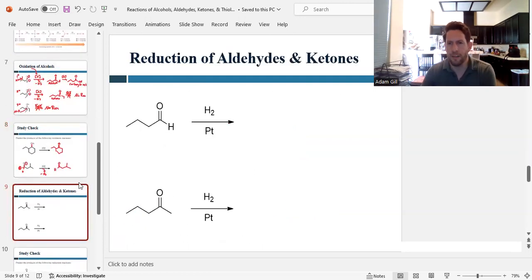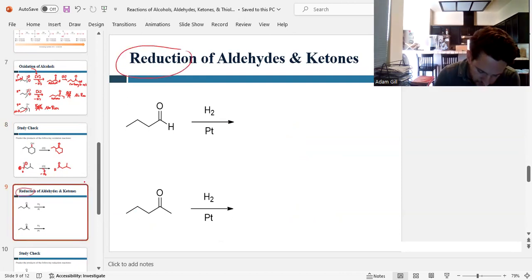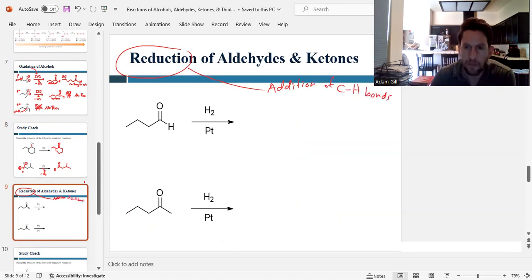All right, let's talk about reduction, the opposite of oxidation. So reduction implies the addition of CH bonds. So we're adding hydrogens back into our molecule. And where are we going to add them? Where the double bond is.